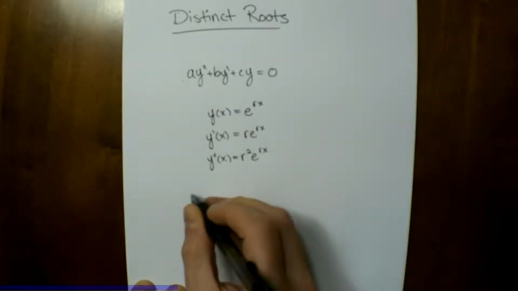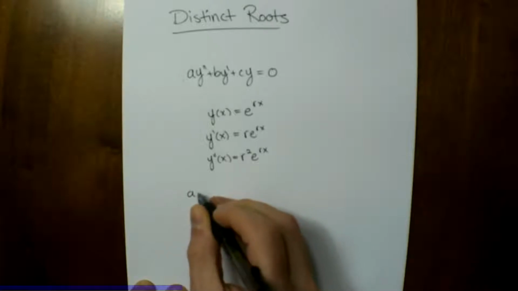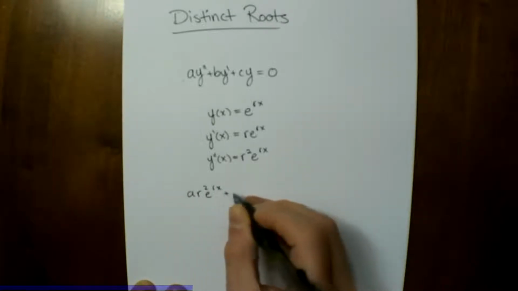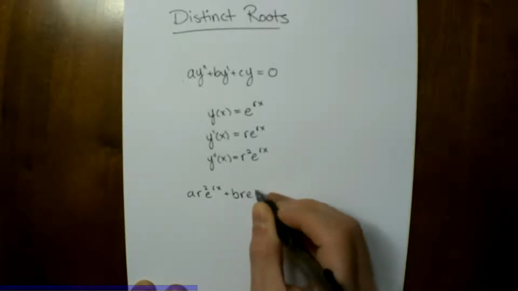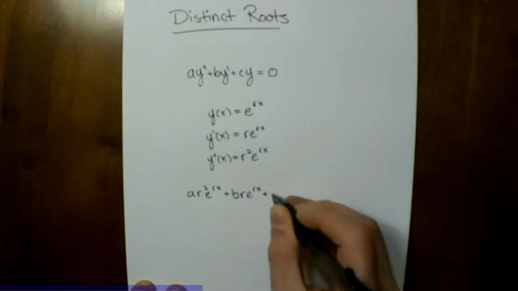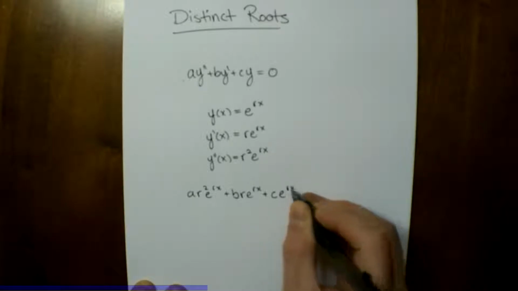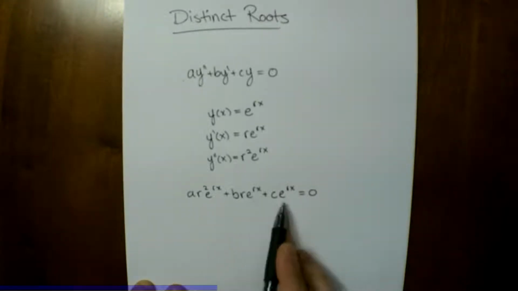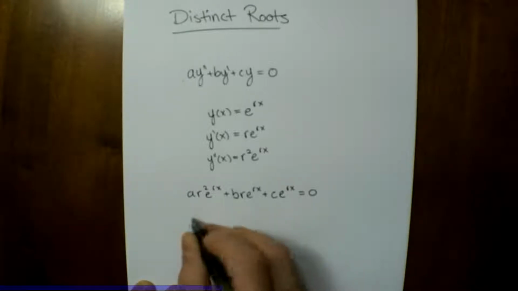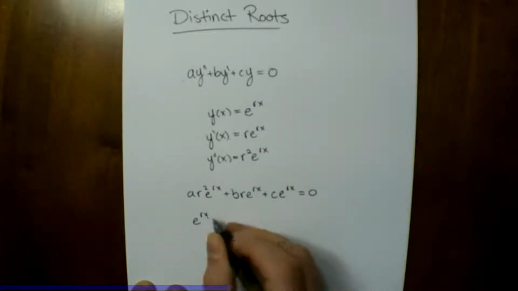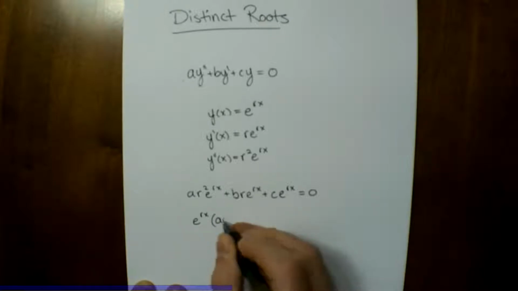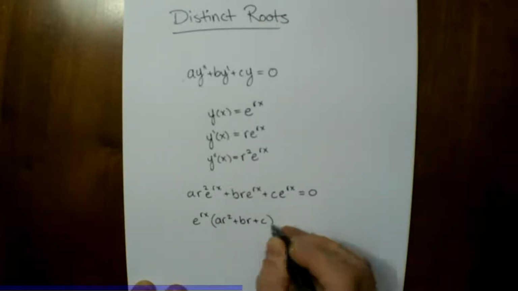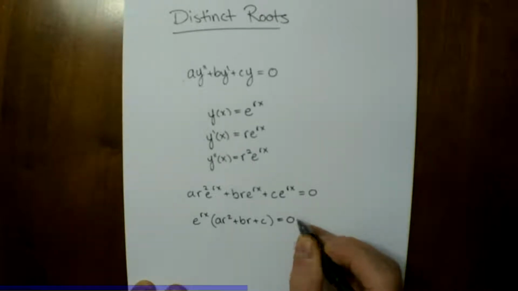So we have ar^2 e^(rx) + br e^(rx) + c e^(rx) = 0. And each of these terms share an exponential, so let's go ahead and factor that out. So then we have e^(rx) times the quantity (ar^2 + br + c) = 0.